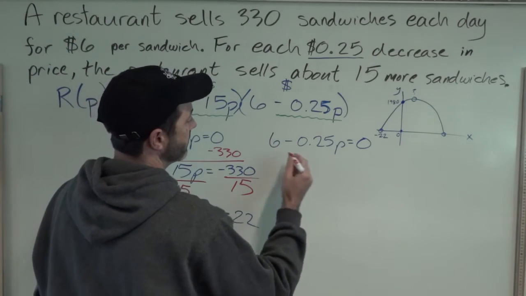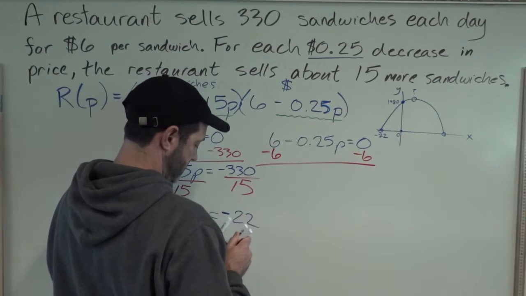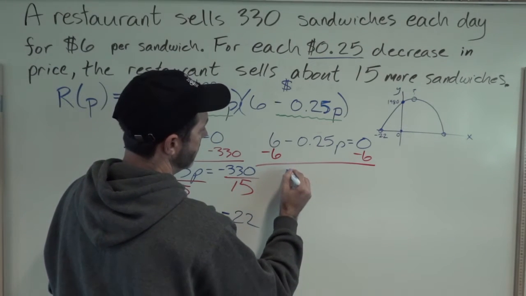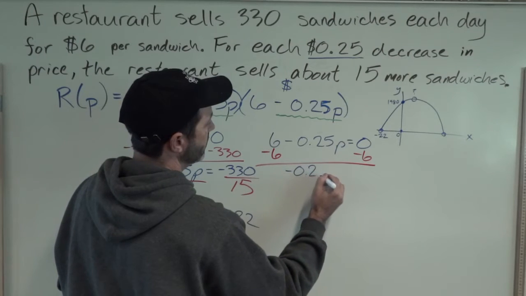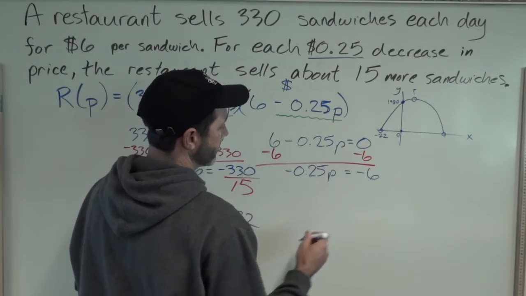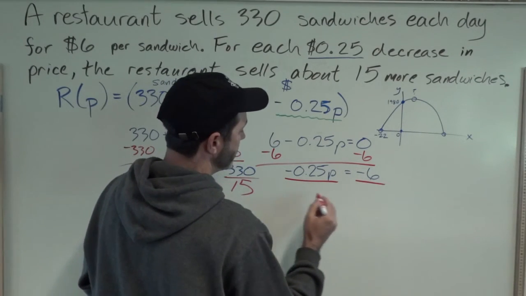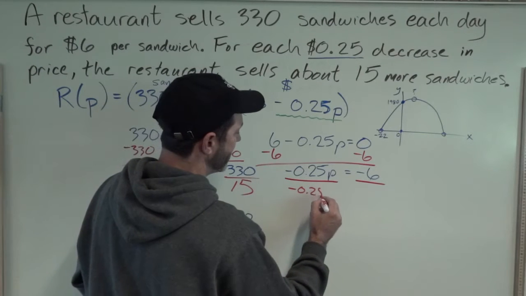Now I'm going to solve this one. I'm going to take away 6. Which leaves me to say negative 0.25p equals negative 6. I need to divide by the negative 0.25.